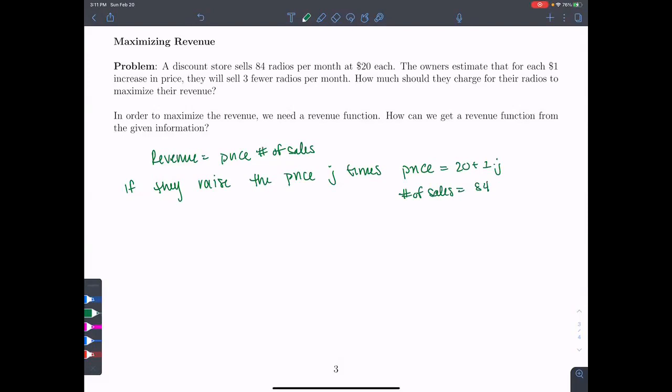But if we're increasing and they're going to sell 3 fewer radios per $1 increase, so it would be minus 3 times J. So our revenue function, R of J, is going to be 20 plus J times 84 minus 3J. So again, that's the price, and this is the number of radios that are sold.